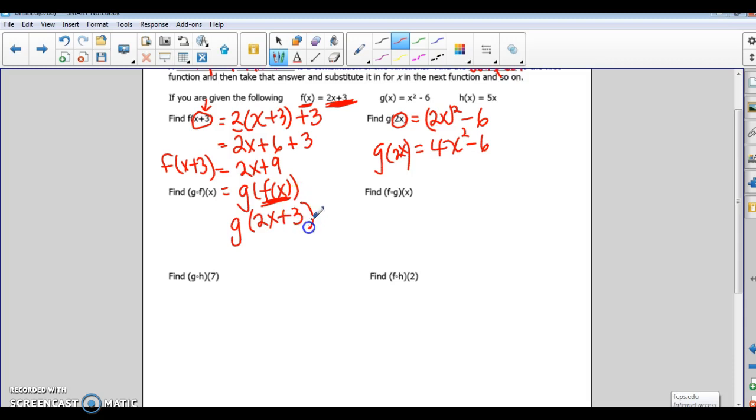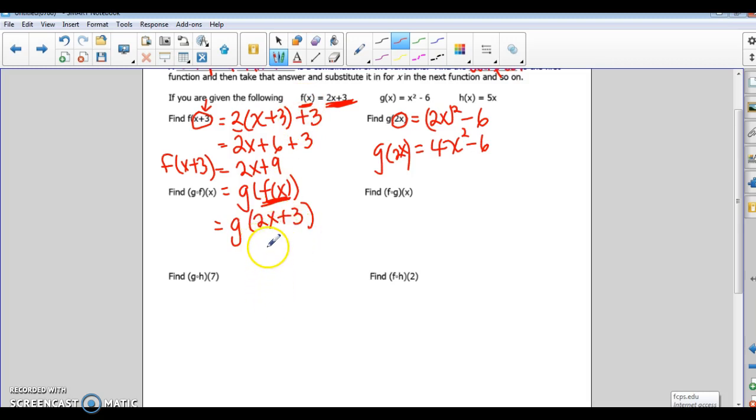That's what we're going to do. From g of f of x, you know that g of f of x is the same as this. These two are exactly the same thing. That's a composite function. We can't have two variables, so we're going to replace f of x with that expression, which is 2x plus 3.